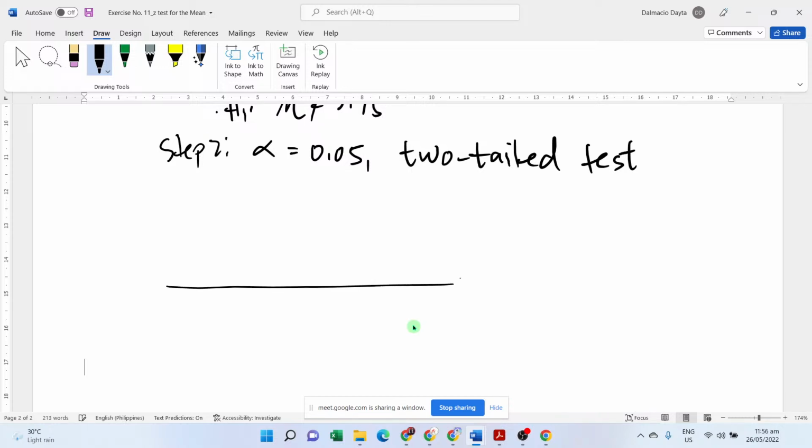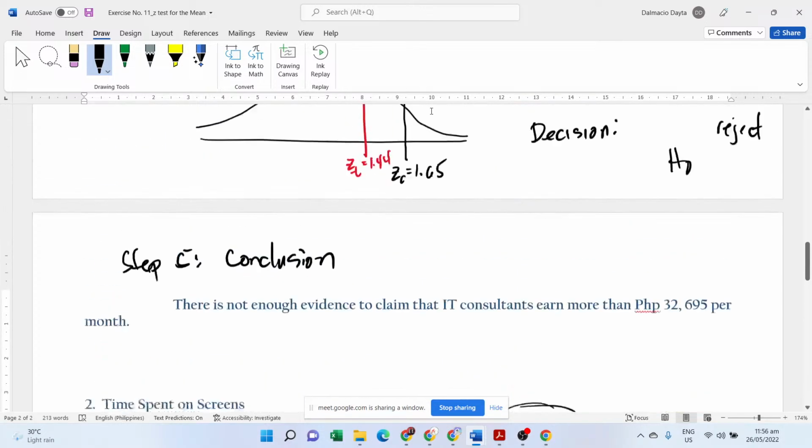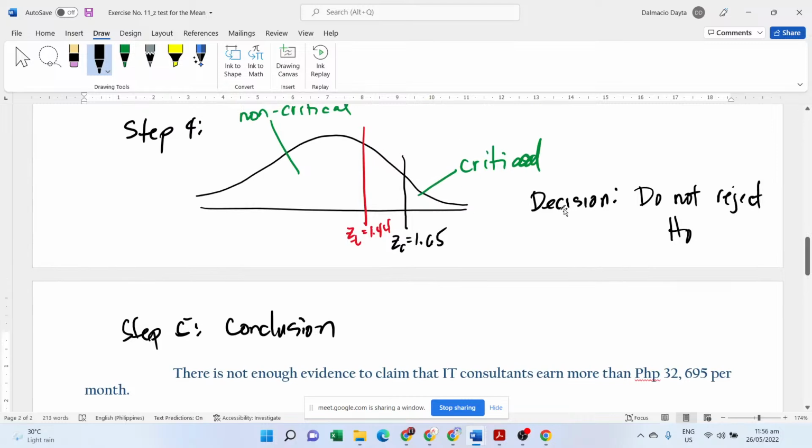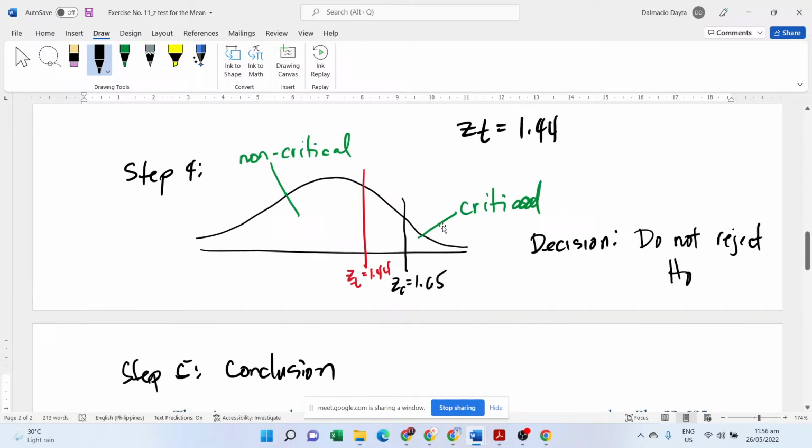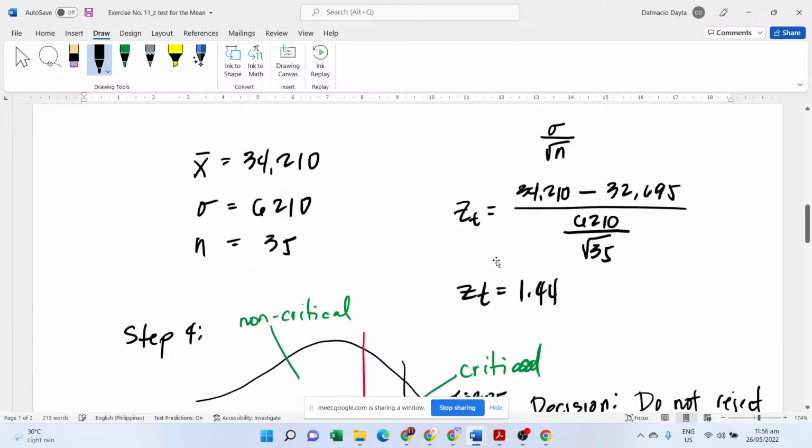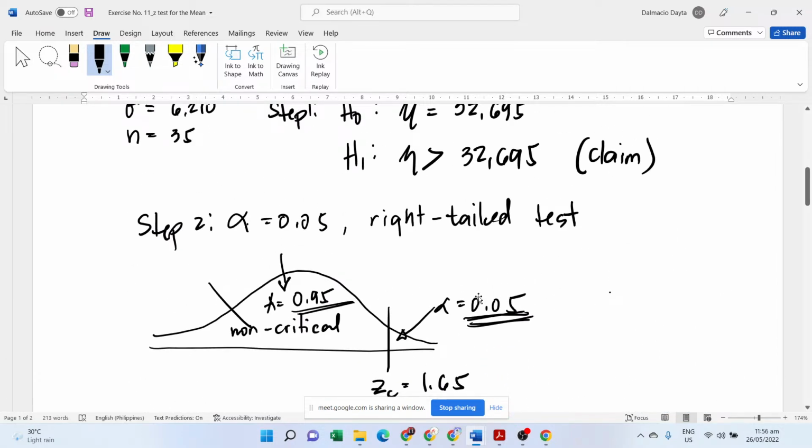Pakita natin yung curve. Yung alpha 0.05, kapag one-tailed test, sa critical region, ang total area nun, 0.05, yan na mismo. Itong area na to, alpha is 0.05, no? Ayun, pinakita natin doon sa unang curve. Kasi isang area lang yan ng critical region.